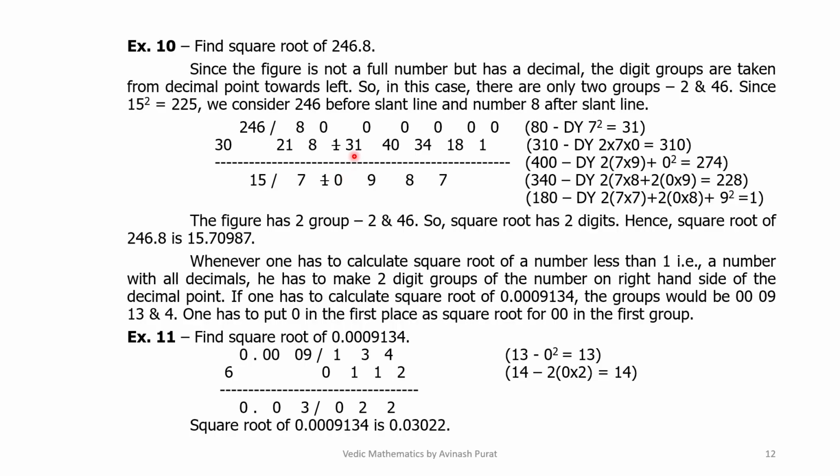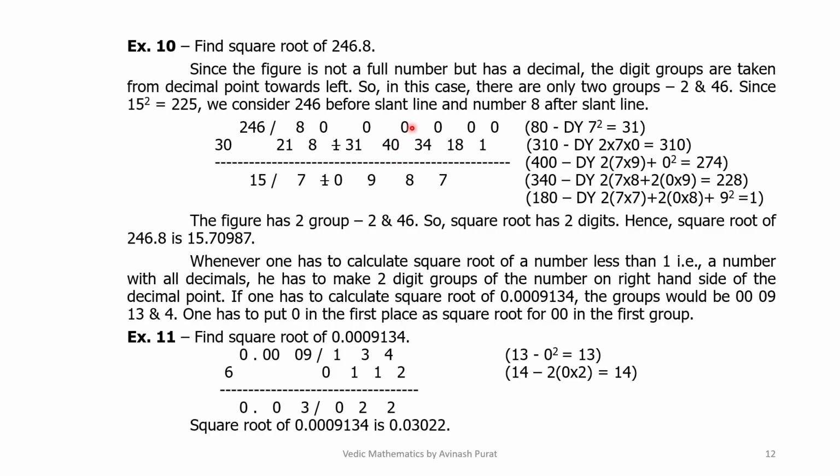So 31 is next remainder, 310 is next dividend, 310 minus 2 into 7 into 0, that is 0. So 310 divided by 30, we take 9 as quotient, and balance is 40.